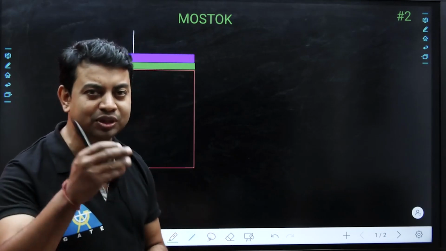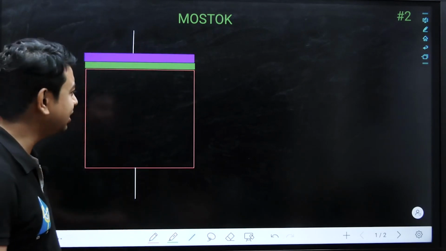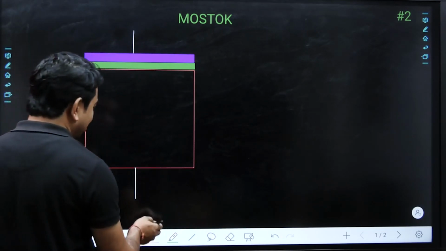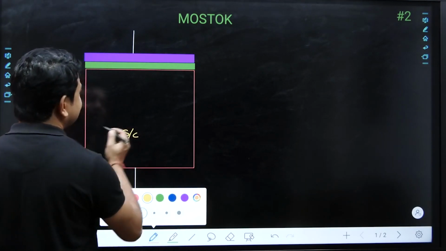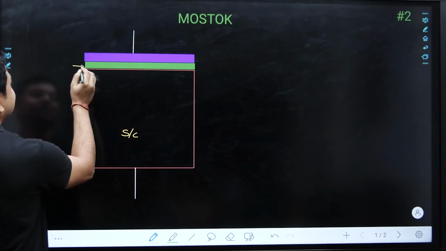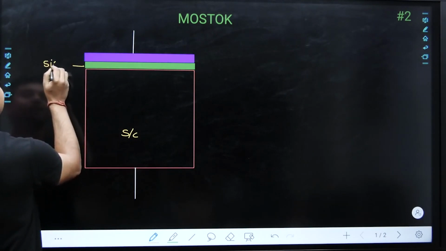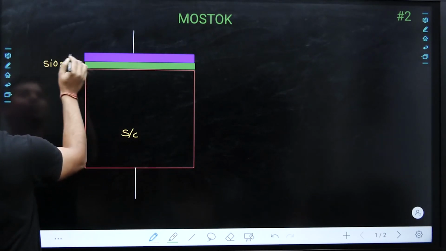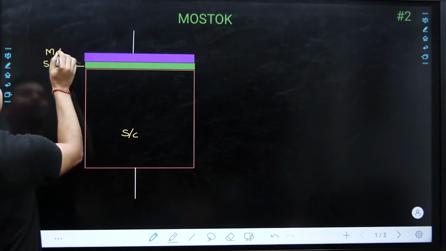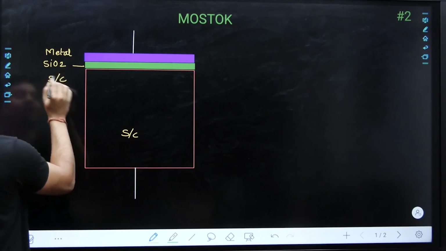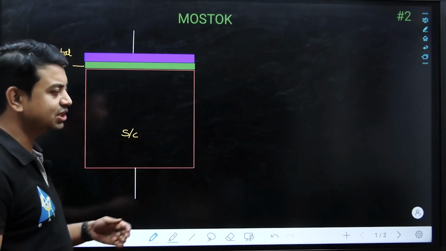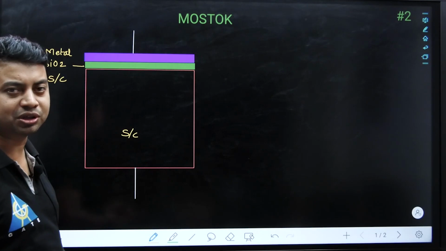Layer means one above the other, and we have seen that the lowermost layer is known as the semiconductor, and just above that we have the dielectric, which is silicon dioxide, and just above this we have the metal. So overall, this is a metal oxide semiconductor. This is the layering process by which we got this.